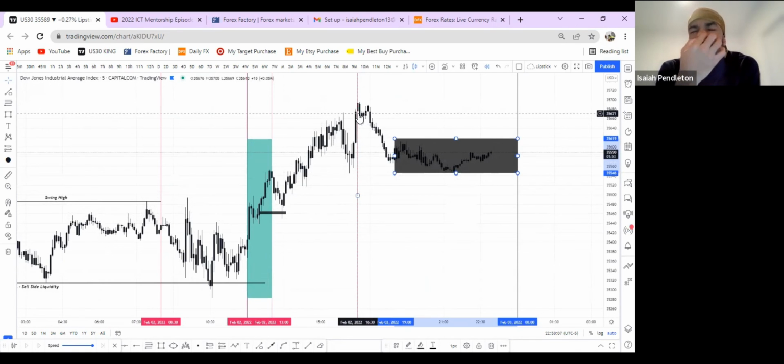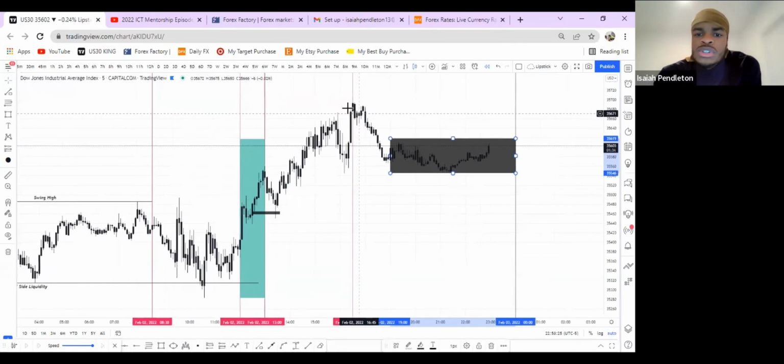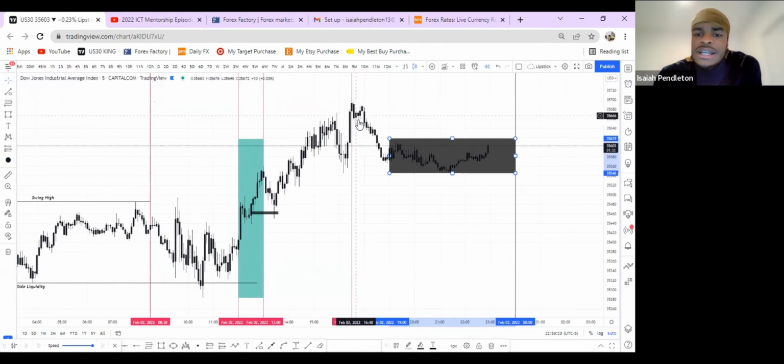1630 is 4:30, I believe it is. Yeah, 4:30. So 4:30 around this area just stopped going up, and it was on point.